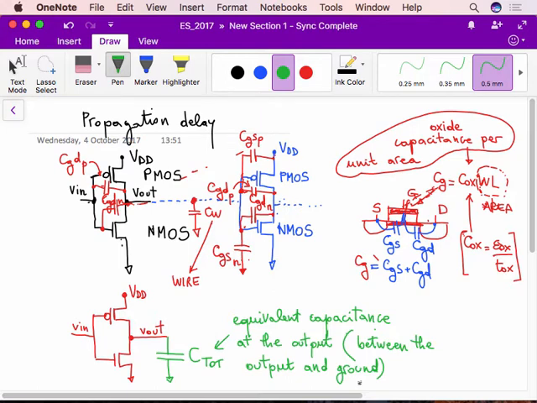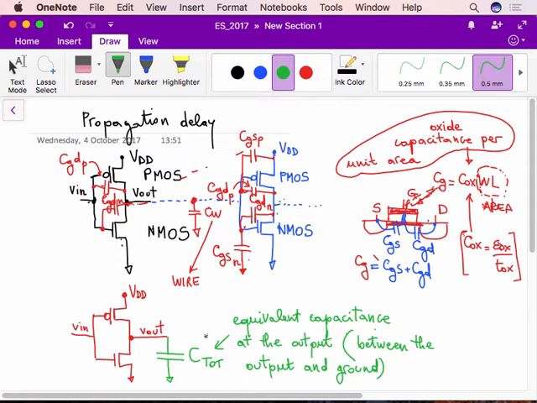Okay, now how do we compute this equivalent capacitance? Actually, this is a bit more complicated, because if all the other capacitors, the single capacitances, were between the same two nodes, between the output and ground, the equivalent capacitance would be simply the sum of all capacitances, right?